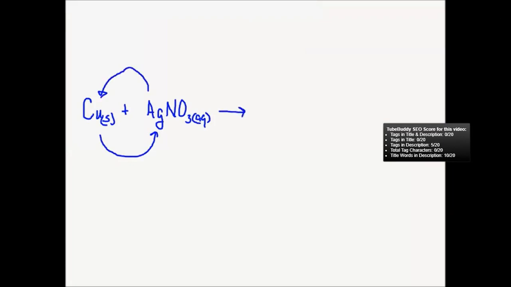The products of the reaction then were silver metal, which we saw form on the strip, and copper 2 nitrate. Copper 2 nitrate was responsible for making the solution turn a blue color.